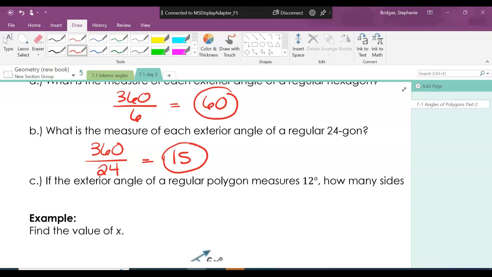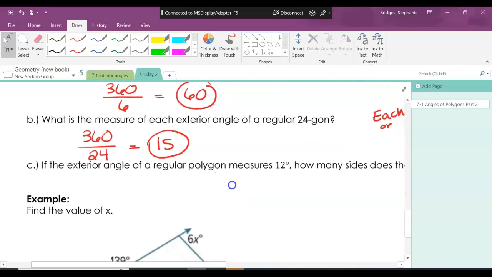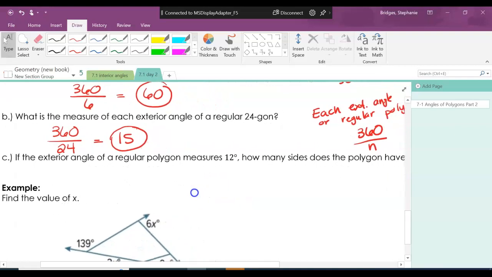We're going to read the question. This one is going to be very similar to a couple of the ones that we did yesterday where we had to work backwards. If the exterior angle of a regular polygon is 12 degrees, how many sides does it have? If one angle is 12 degrees, how many sides does it have?